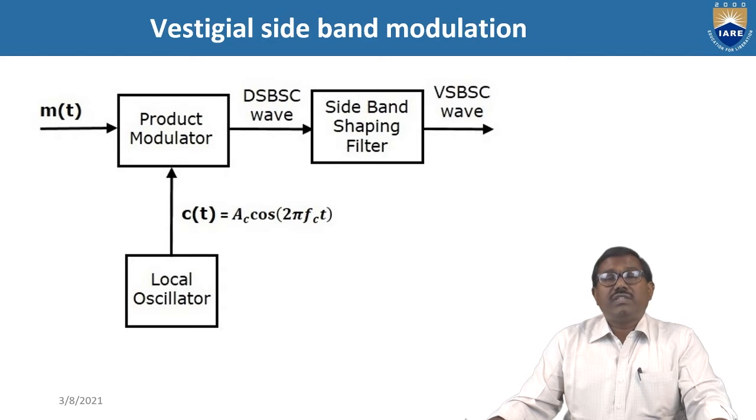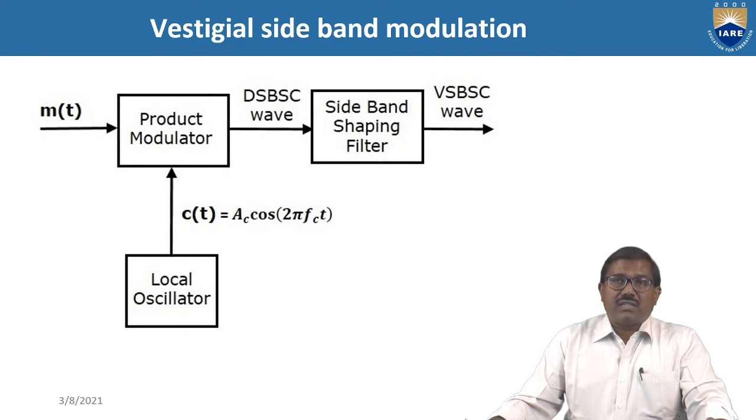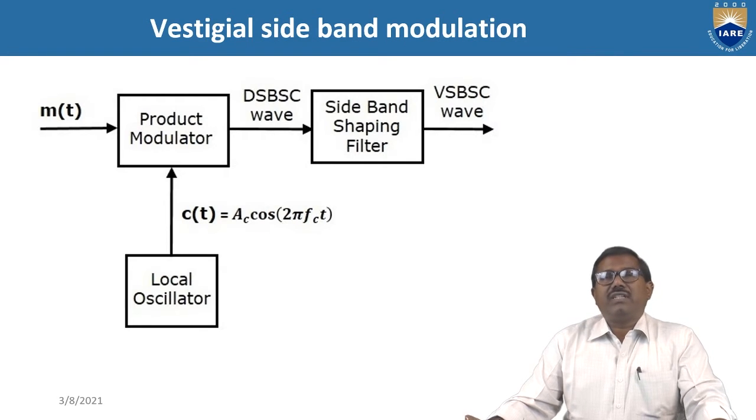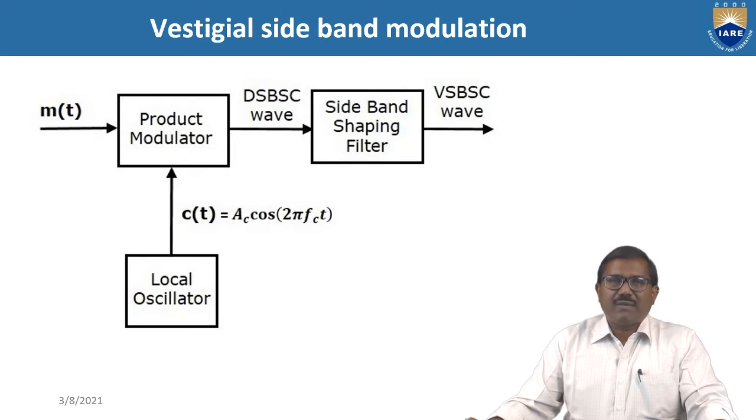Already we saw this in the generation of DSBSC also, but in VSB we give this DSBSC wave to the sideband shaping filter, and this filter produces our VSB-SC wave, which is a suppressed carrier wave.